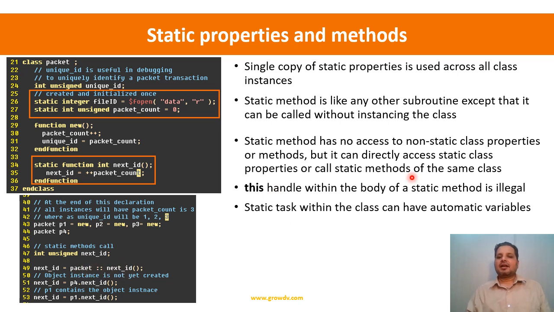The next point is that it doesn't mean the static method can only be accessed using the scope resolution operator. That is not correct. It can be accessed using the scope resolution operator without creating an instance. But if you have an instance, for example let's say P1, I have created an instance P1 new, I can access it directly.